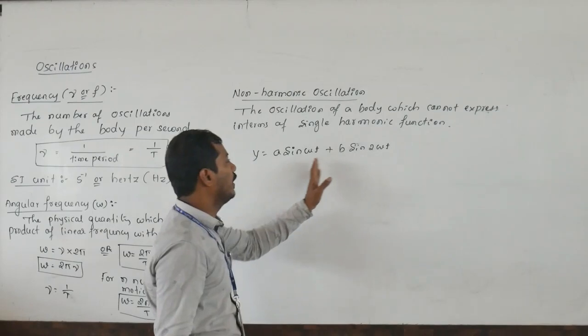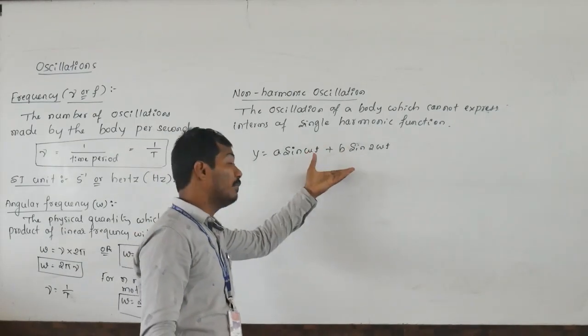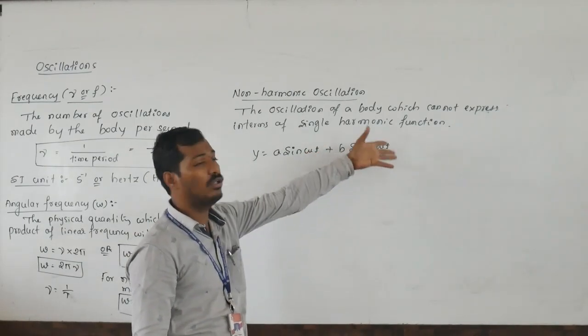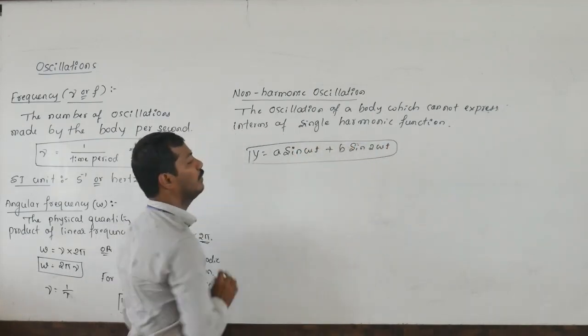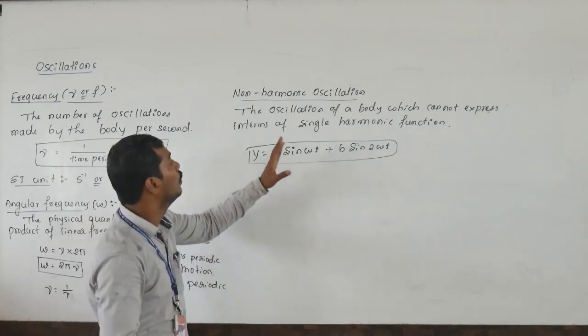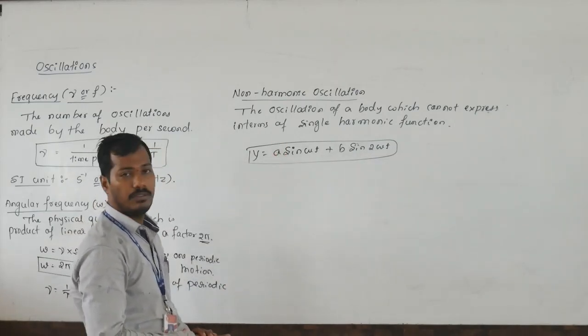If it is 1 omega t, then it is 2 omega t. It means the amplitude is different here, and the angle is also changing. This is the non-harmonic oscillation. There is no need to study much about this one.